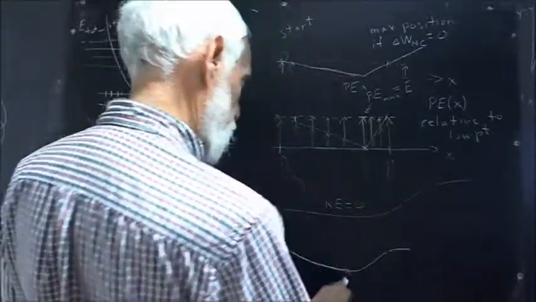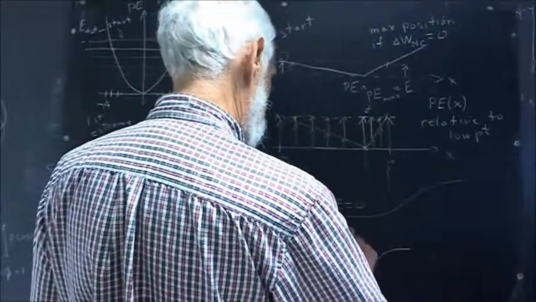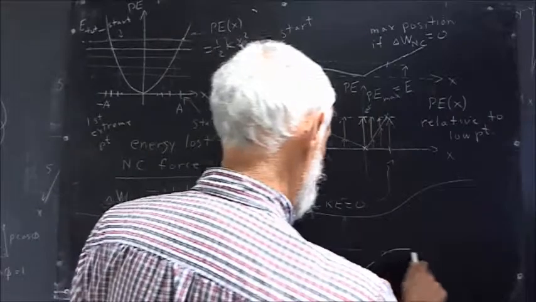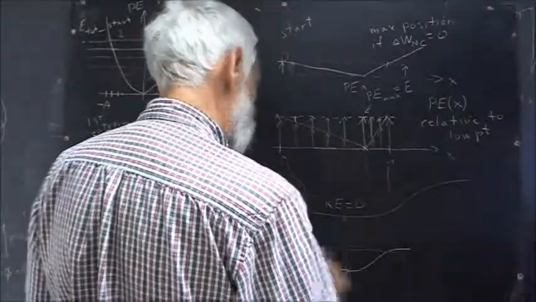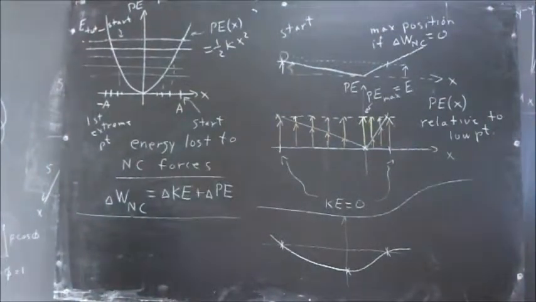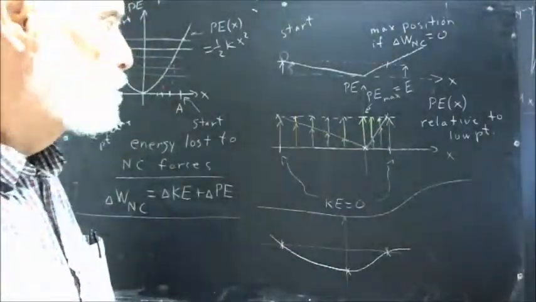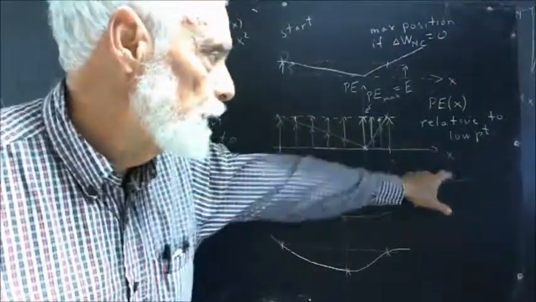And let's get this up here. I don't have very good perspective on the board, so I can't really tell where horizontal is, but let's just say we move from this position to this position. Okay? Now, how's that going to change the potential energy versus position graph?